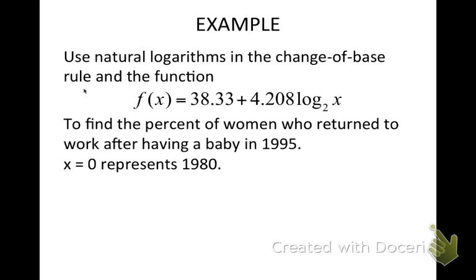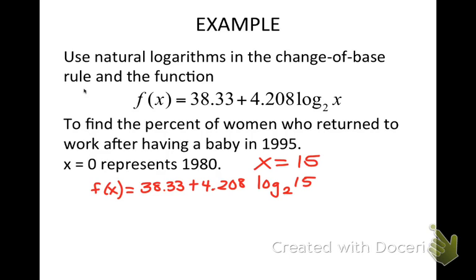All right, so if 0 represents 1980, how many years is it from 1980 to 1995? 15. So that means we're going to make our x equal 15. So that means I'm going to substitute 15 in place of my x. So we have the function f of x equals 38.33 plus 4.208 times the log base 2 of 15.